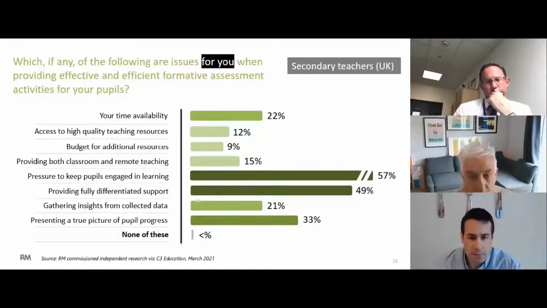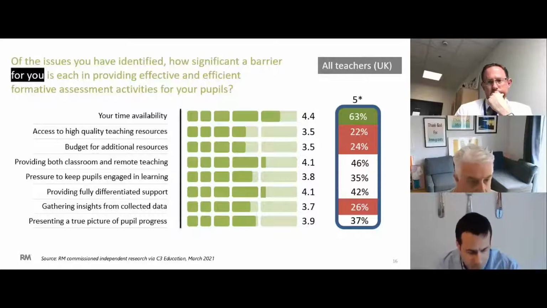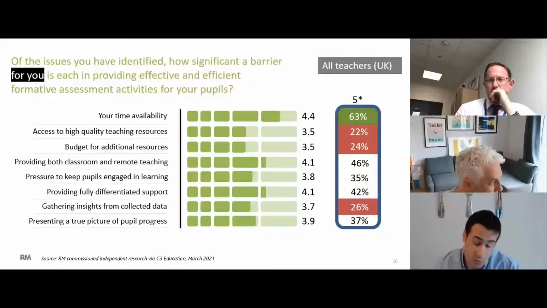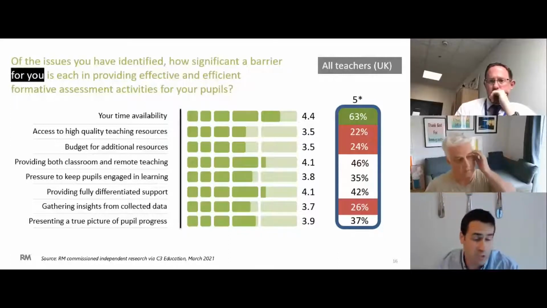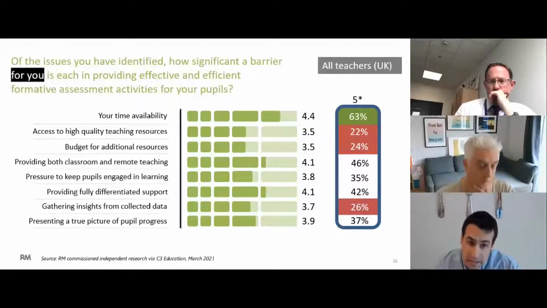We then start to delve a little bit more into these numbers, and again, we find a couple of other interesting things which I just want to conclude on. So when we ask teachers to say, well, okay, of the things that were an issue for you, how big a thing are they? And what we find here is quite interesting. So although time availability wasn't one of the top 3 things that were highlighted as an issue for either primary or secondary schools, for those schools that did say it was an issue, it was absolutely stifling.